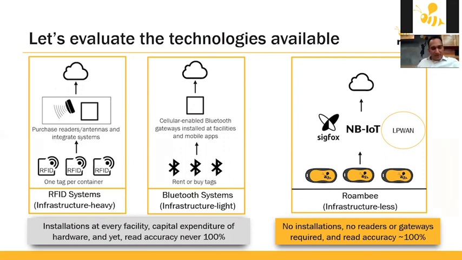So you got 2 options. You got a passive RFID system, and you got an active RFID system. Now, of course, active RFID systems are proprietary and more expensive. But if you're going for a passive RFID system, which is more cost effective, you actually have to not only spend on more readers, but you need to ensure that they are installed in the right place.